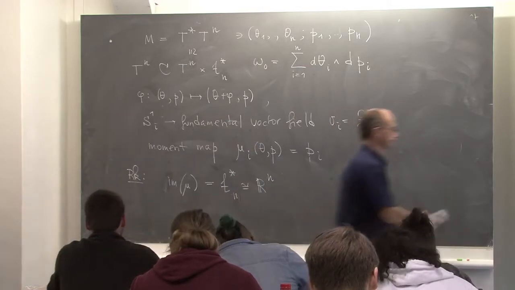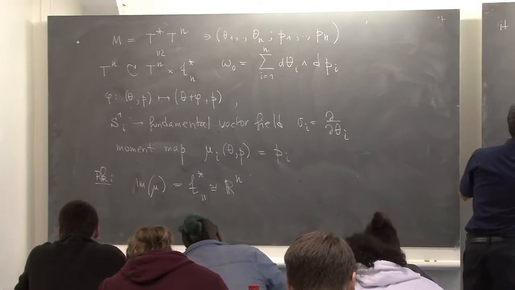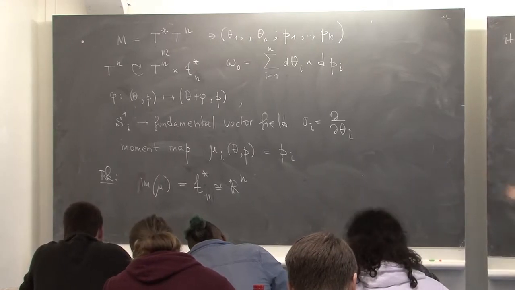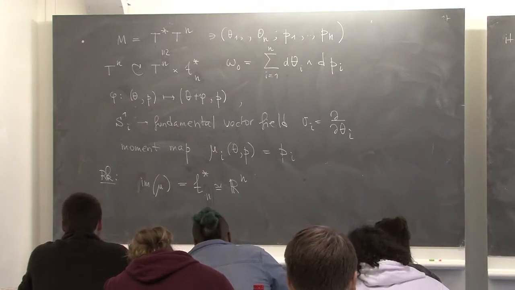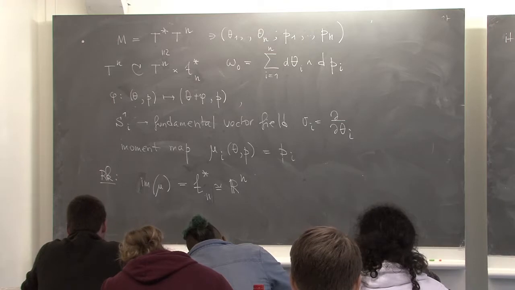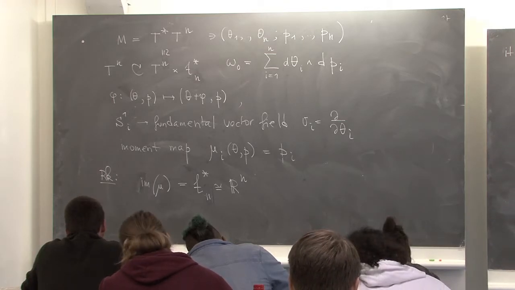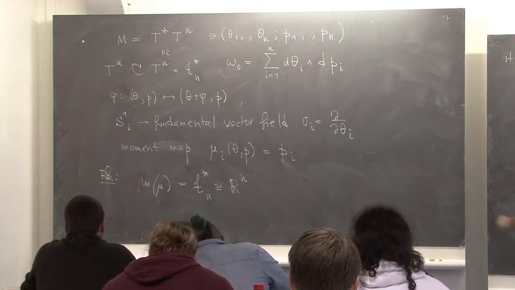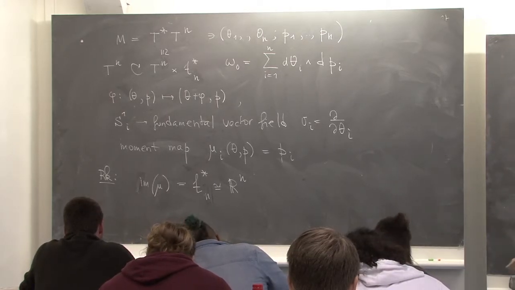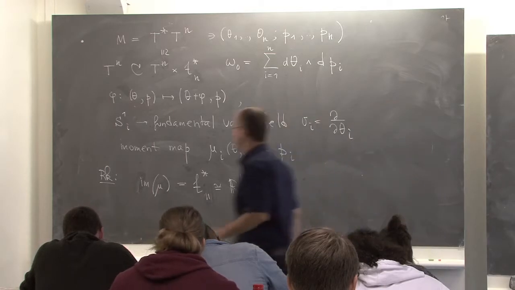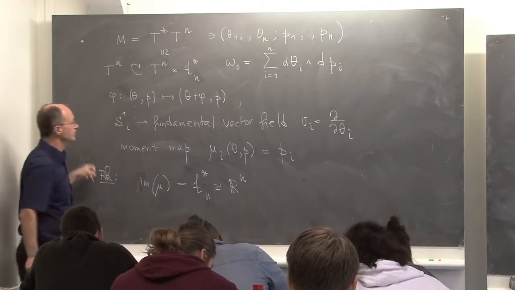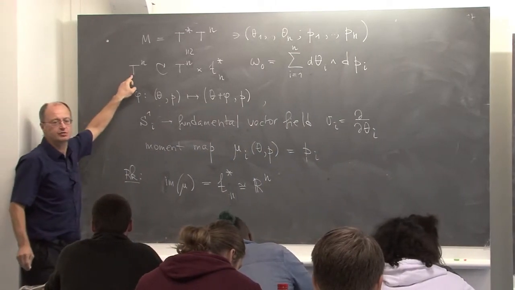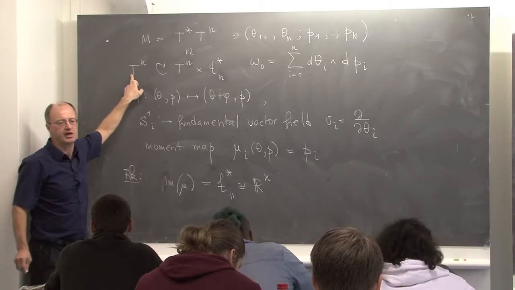Now, in order to do cutting, we should decide what will be our group action. Of course, it's not going to be very interesting if we do cutting under this Tn action.